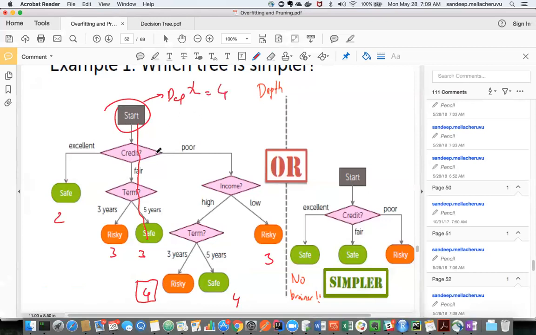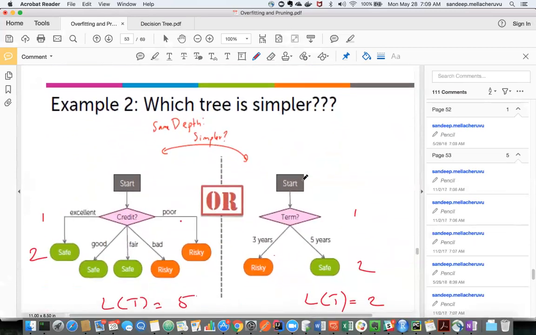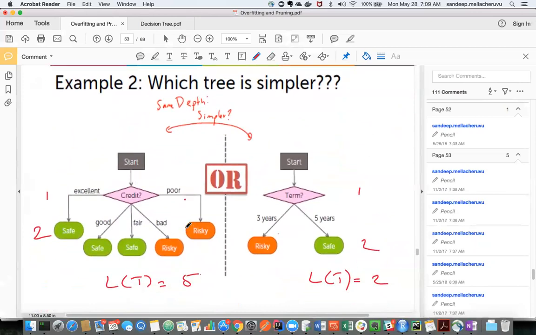So this tree is obviously complex because it is having a higher depth. And this tree, it is having a depth only as 2. So which tree is simpler? Always the right one. The right one is the simpler here. But here, we already saw this one also. Here, the depth is only 2.